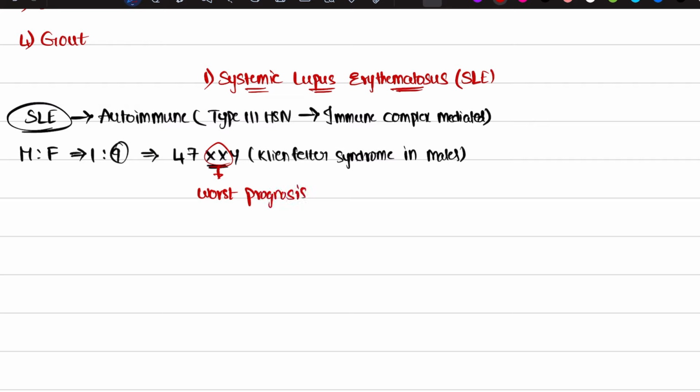And compare this with 45XO. Can you tell me the name of this syndrome? I'm giving you 30 seconds. Can you recall it yourself? What was this? This is Turner syndrome.